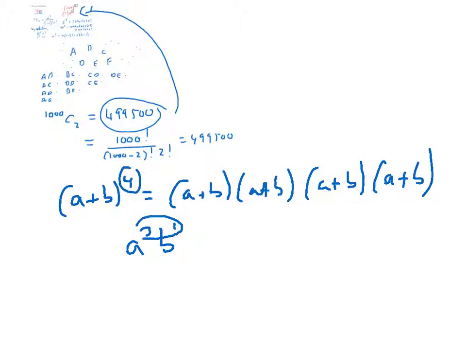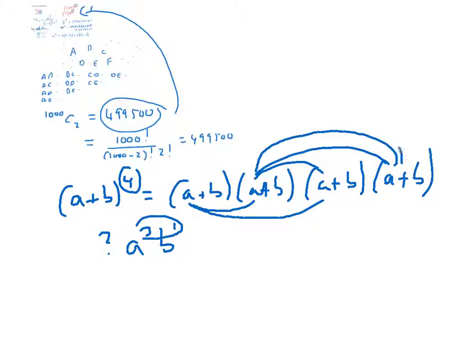I want to try and find the coefficient here. I'm asking how many ways can I make a cubed? I could do this times this gives me a cubed, or this times this gives me a cubed, or this times this gives me a cubed, yeah?